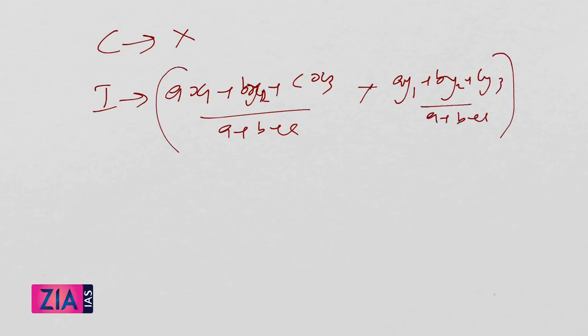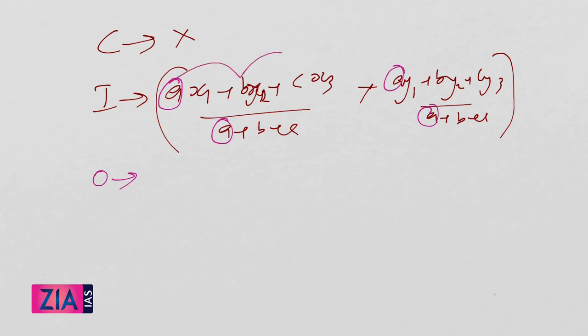So this is your incenter. In case of excenter, what we have done: opposite to a, we make a negative, in x and in y. Opposite to b, we make b negative. Opposite to c, we make c negative. That's the excenter.